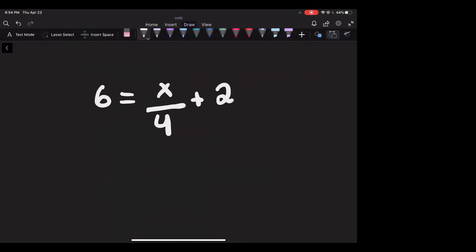If you have a line like this and then a number underneath, that means division. Okay, so now same rules. Should I tell you how to do it? Yes, please. How about I tell you and then the next one you tell me?